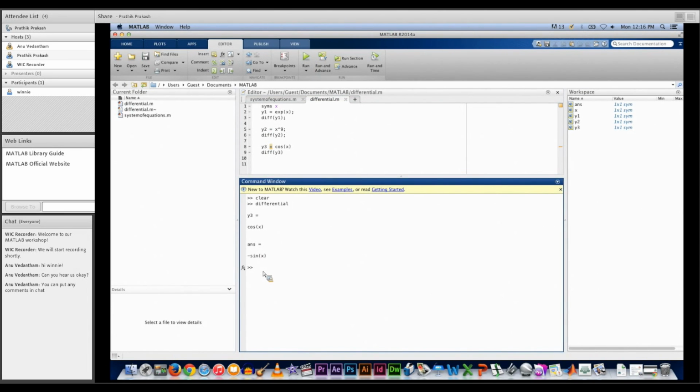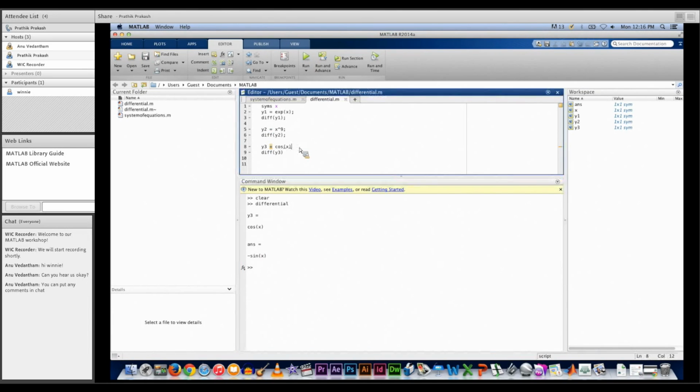You can do complex functions as well. For example, let's say y4 is cos of x raised to 2x squared, that is, plus 2 into x plus 1.